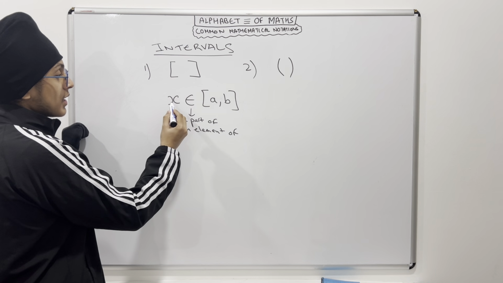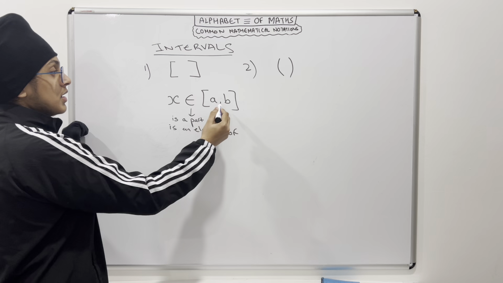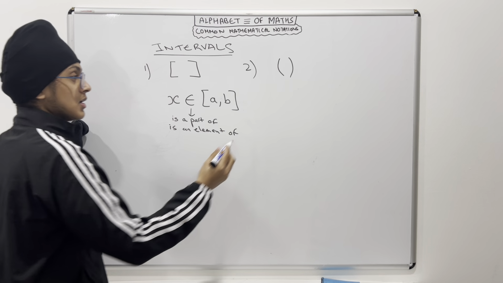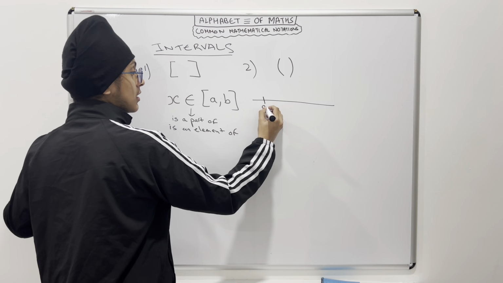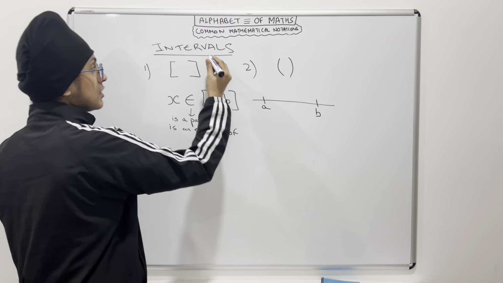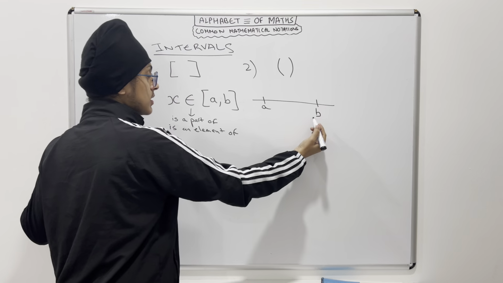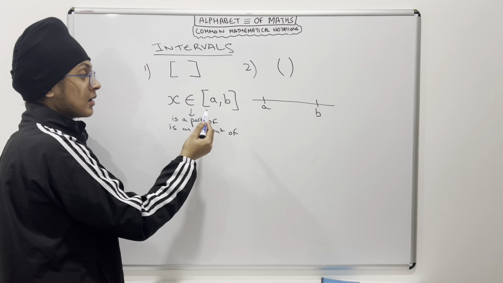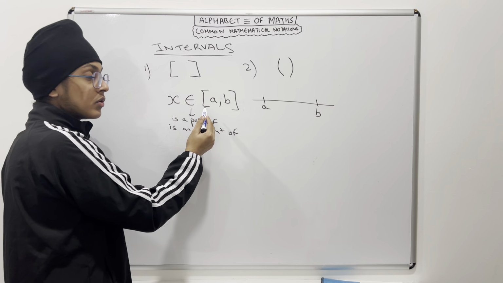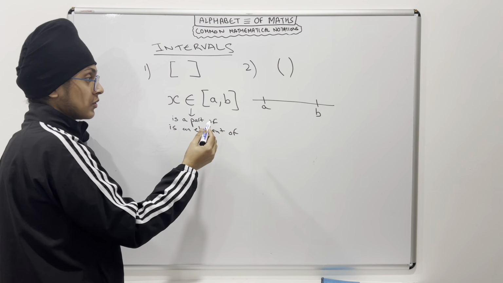When I write x is a part of a to b with square brackets, this means that on the number line, I have two intervals, a and b, where a is always the smaller one. A is the lower interval, b is the upper interval.